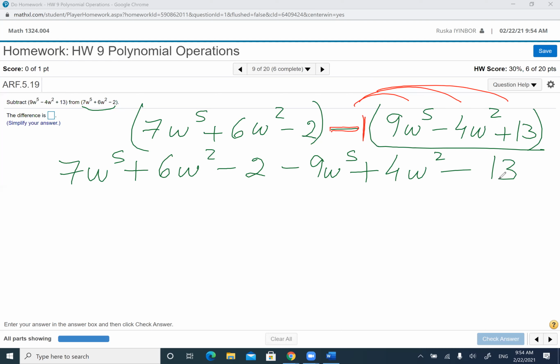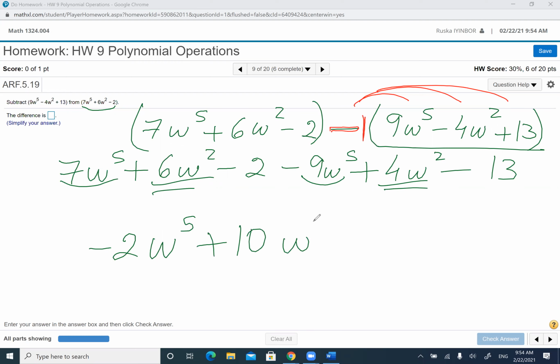Change it. From here, combine w to the 5th with w to the 5th. 7 minus 9 is -2, and you keep the w to the 5th. Then you combine w squared and w squared: 6 plus 4 is 10, so plus 10w squared. Then you combine the numbers: -2 and -13 is -15.